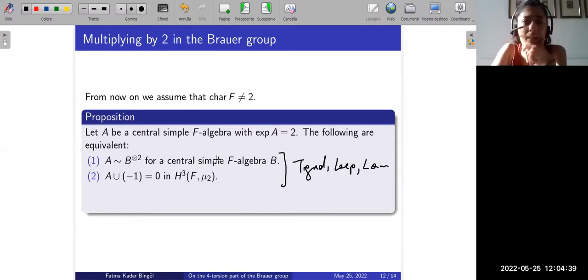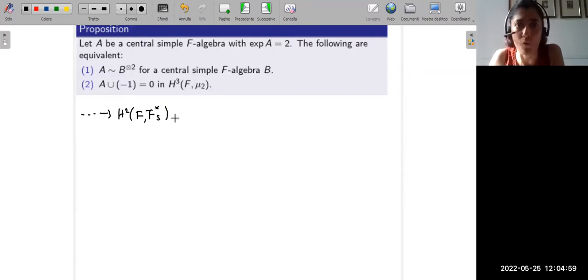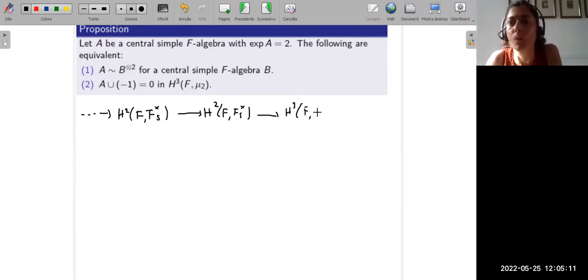They present such a result exactly in this form, and let me give the idea. So here, the exact sequence that we are interested in, the parts that we are interested in, let me write it. H2, the second cohomology group of the absolute Galois group with coefficients in the multiplicative group of the separable closure of F, and the same for F. And here we go to H3 with coefficients in μ2.